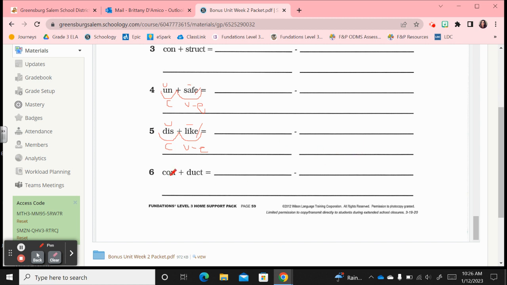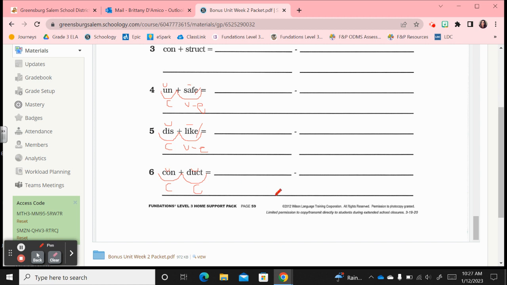All right, the last one on this page, conduct. Now, con is a closed syllable prefix, and duct, since it's not really a word, that's how you know it's a Latin root. So duct is a closed syllable root. And we know what that means, to lead together.